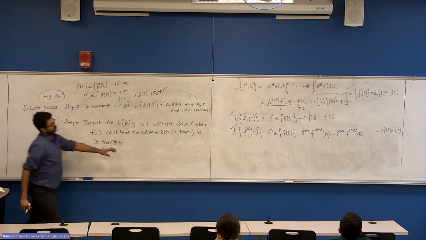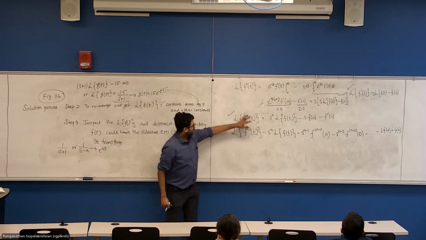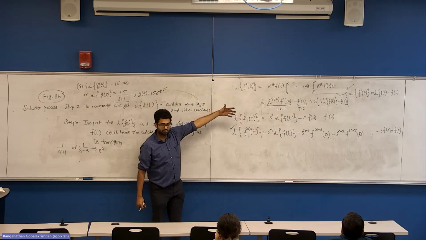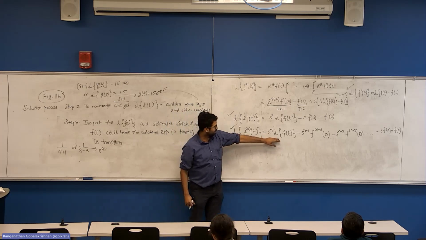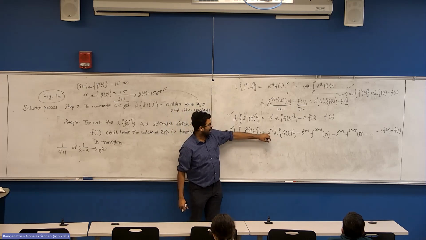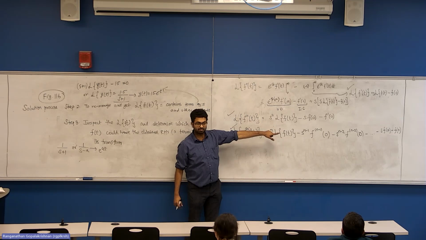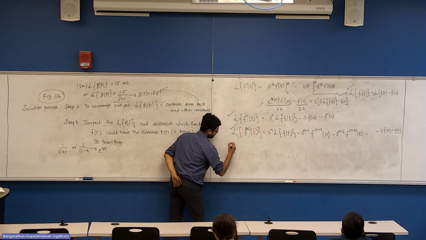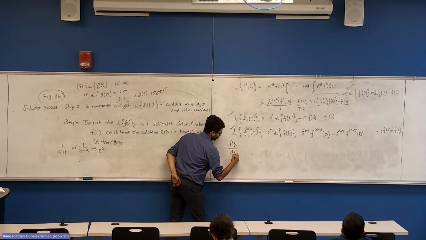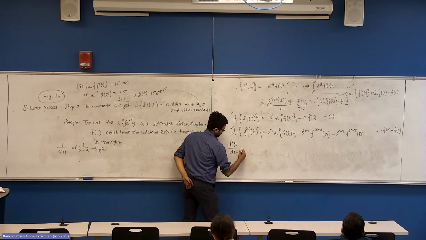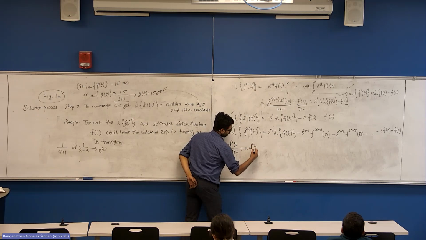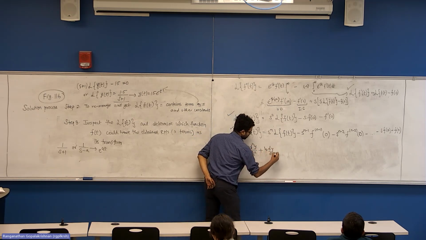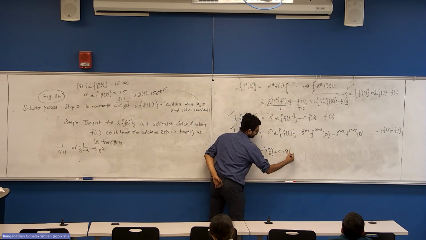As this equation suggests, every Laplace transform of higher order derivatives essentially involves the Laplace transform of the function itself and a polynomial in s. So if you are starting with a third order differential equation, d cube y over dt cube, for example, plus let's say some a times d squared y over dt squared, plus b times dy dt, plus c y equal to some g of t.